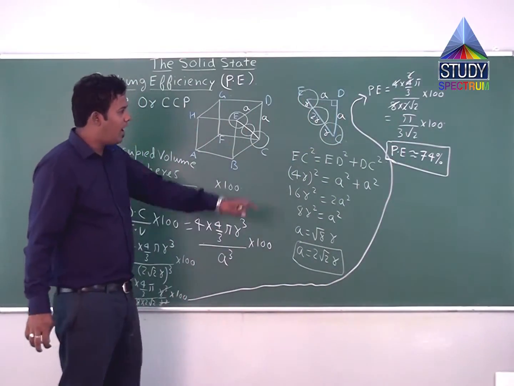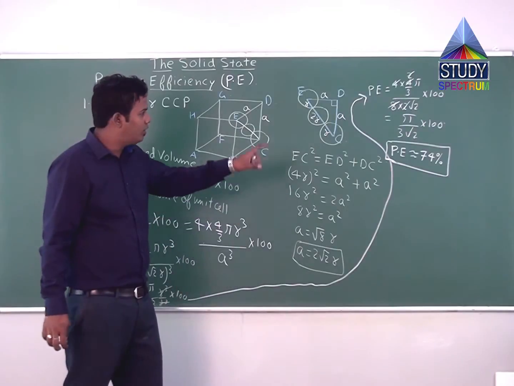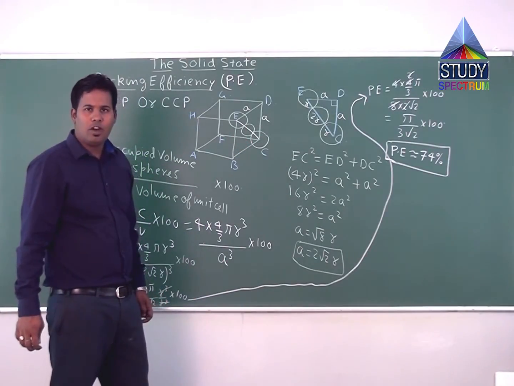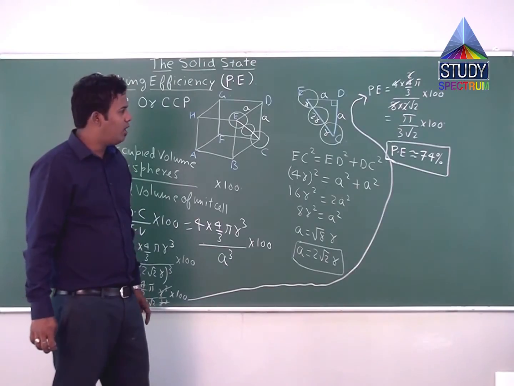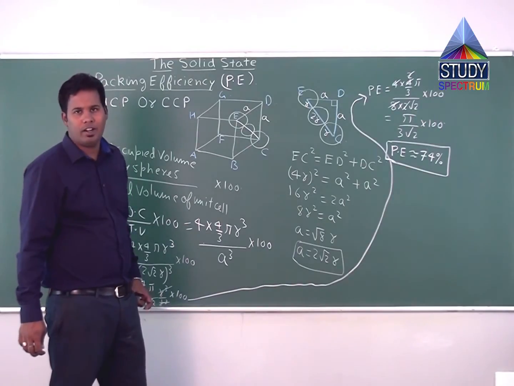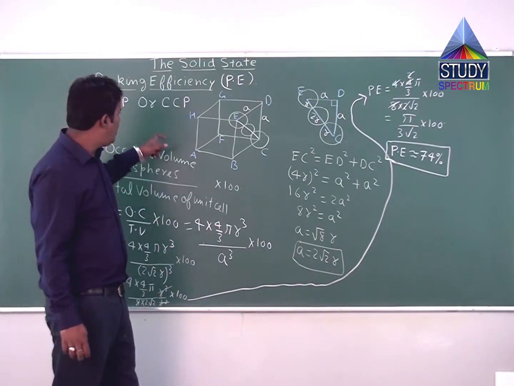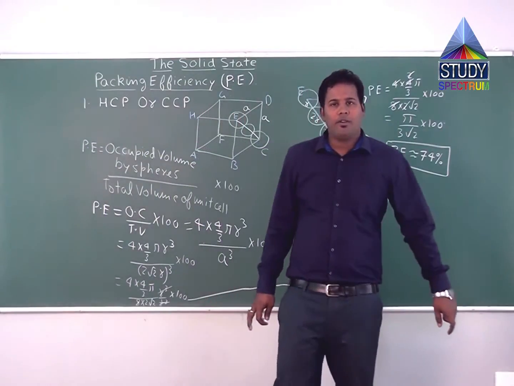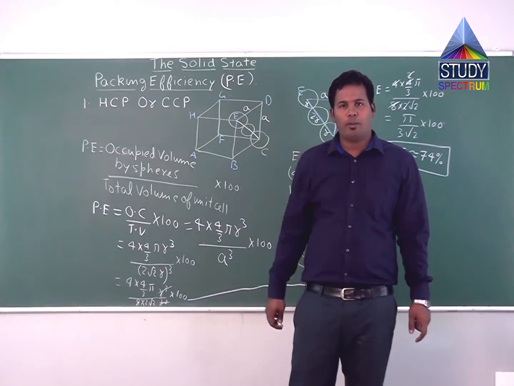If you substitute the value of pi as 3.14 in the numerator, divided by 3 root 2, the value of root 2 is 1.414, and multiply that fraction by 100, then packing efficiency turns out to be almost 74%. Now remember, both HCP and CCP have equal packing efficiencies, that is 74%.